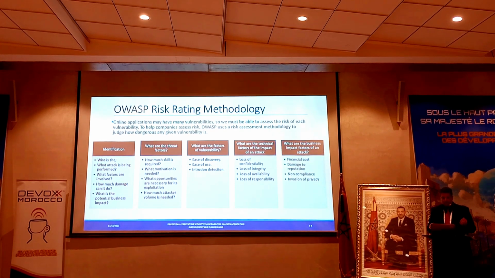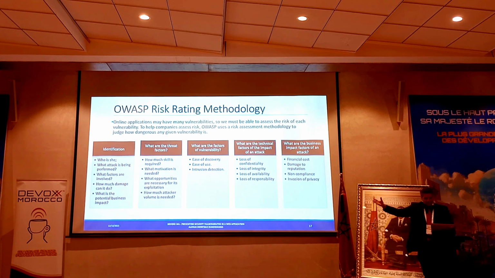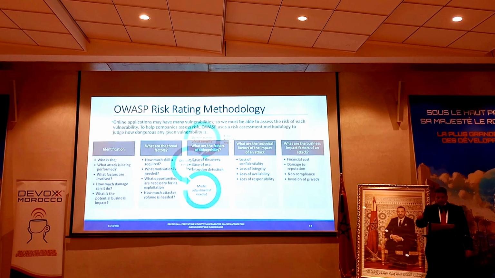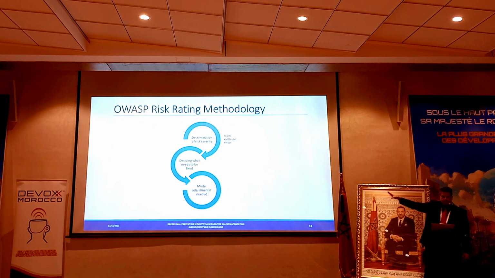Now, last but not least, what are the business factors of the attack? What is the potential financial cost? What is the damage to the reputation? And the damage of the compliance, for example, is it a GDPR issue, which will get me a very big fine? And what is invasion of privacy? In other words, it's this cycle.